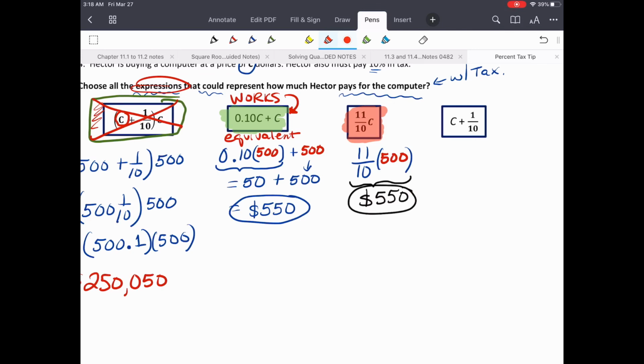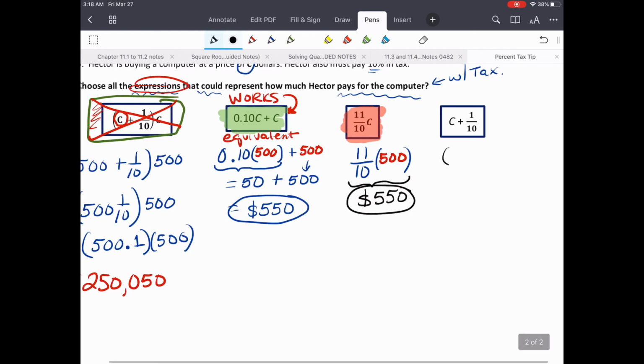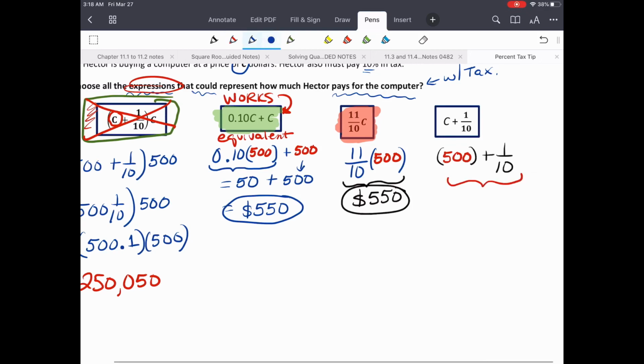Okay, and then let's check this last one here. And we're going to put in 500 where we see the C. And you probably see where this is heading. 500 plus 1/10, what does that equal? Well, that's a mixed number, 500 and 1/10, which if you write that as a decimal is 500.1.